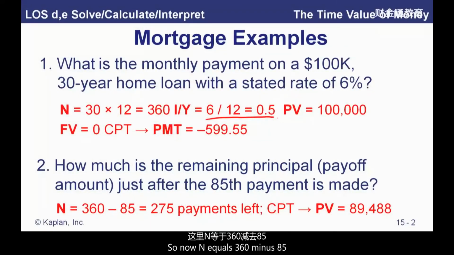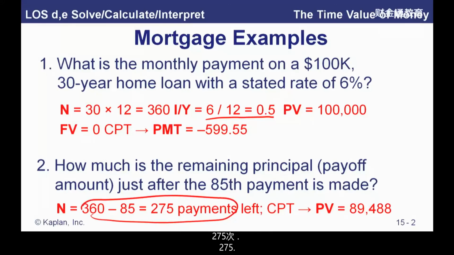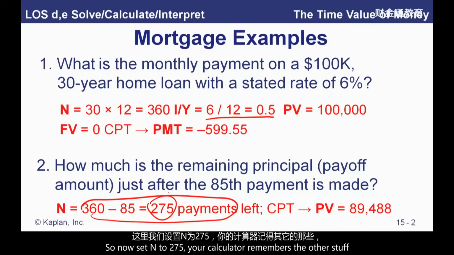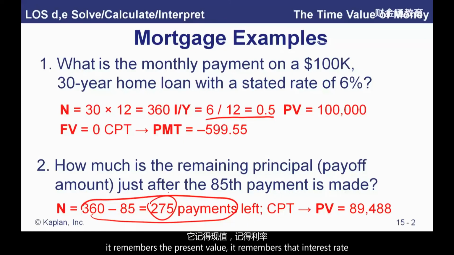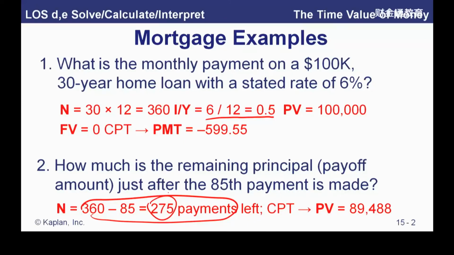So now, n equals 360 minus 85. That's how many payments we have left, 275. So now set n to 275. Your calculator remembers the other stuff. It remembers the present value, it remembers that interest rate, and it knows the payment. And the future value is 0.